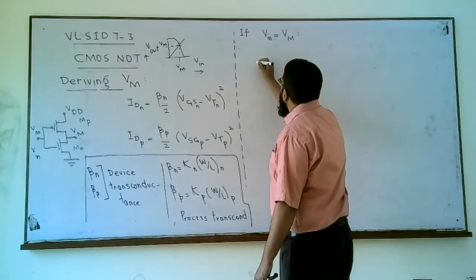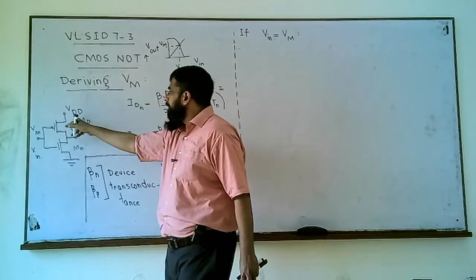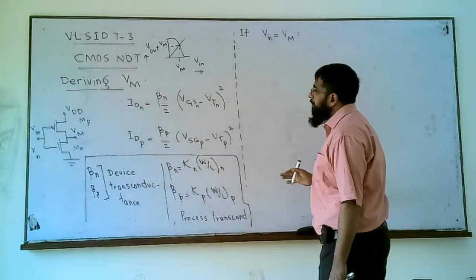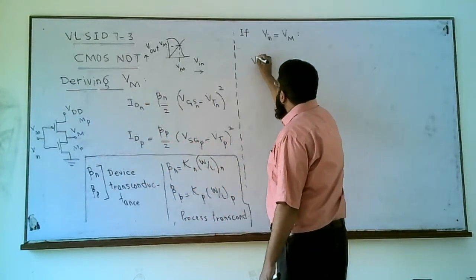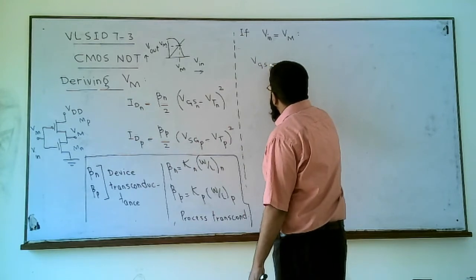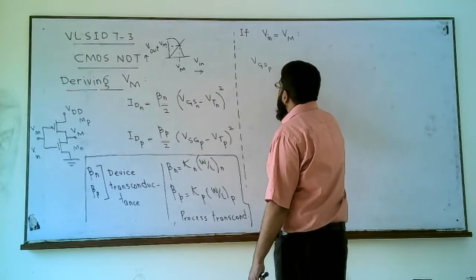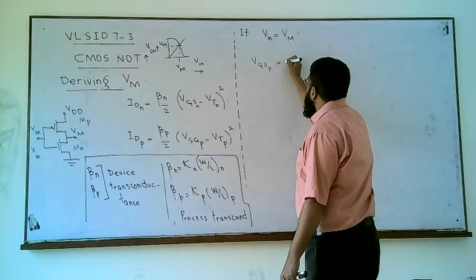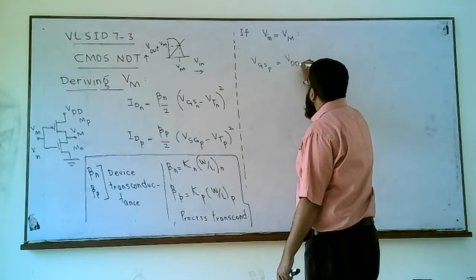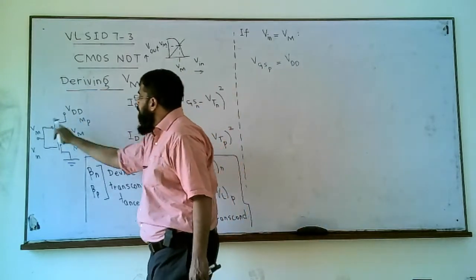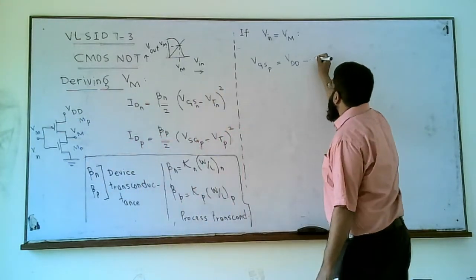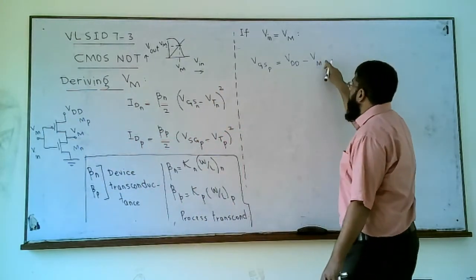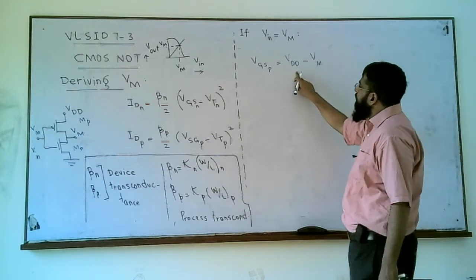So if we have VM around VDD by 2, what would be VGSP? Let's check whether this PMOS is on or not. VGSP is VDD minus VM. Since VM is around VDD by 2, this is VDD.